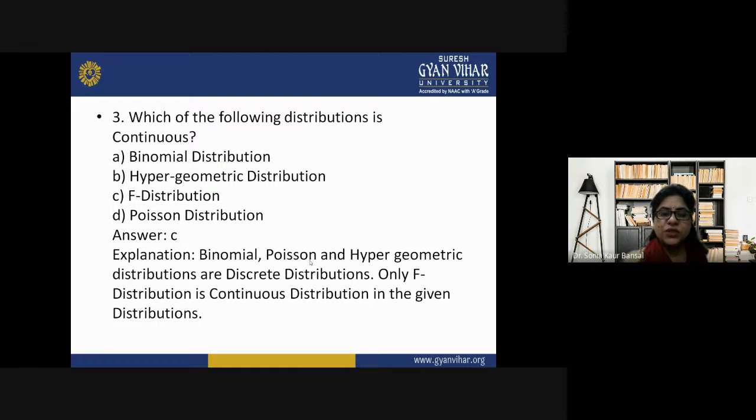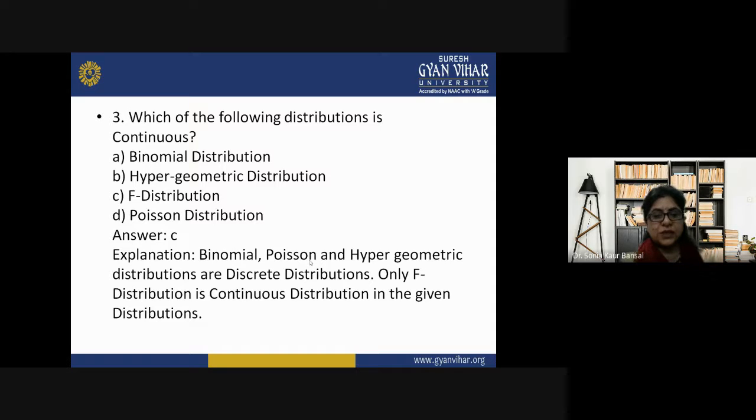Now, the third question: which of the following distributions is continuous? We have four types of distributions: binomial distribution, hypergeometric distribution, F distribution, and Poisson distribution. The correct answer is C, the F distribution.